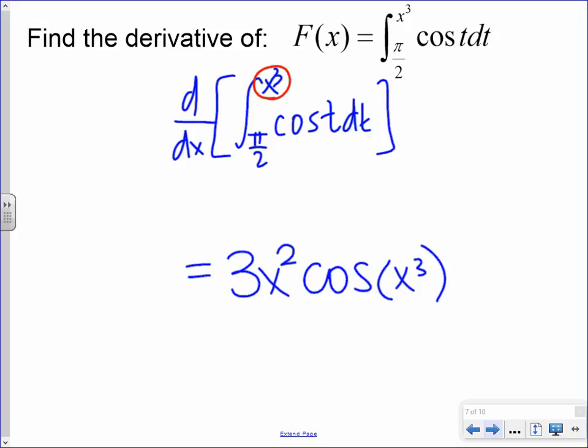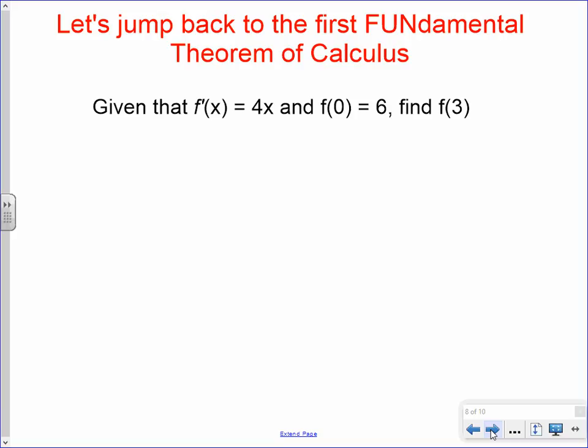But I want to come back to a concept that we've kind of talked about, but it's going to look a little bit different. All right. I want to go back to the first fundamental theorem of calculus and our concept of differential. So I want you to go ahead and write down this information.